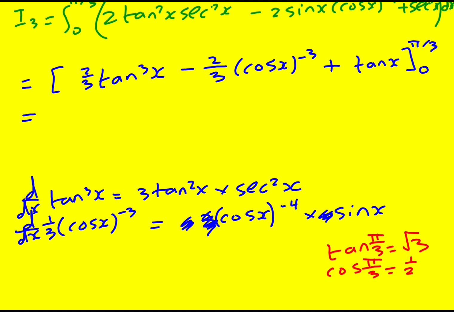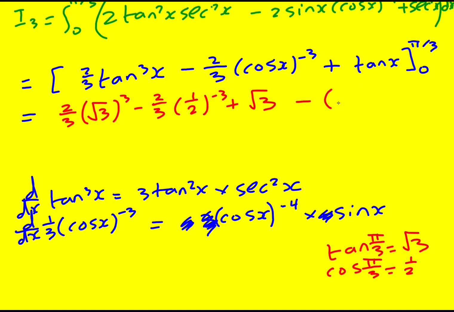So I just write those two down. 2/3 times root 3 cubed, minus 2/3 times a half to the minus 3, plus root 3. Then minus 0 minus 2/3 times 1, so that I can ignore that, plus 0.